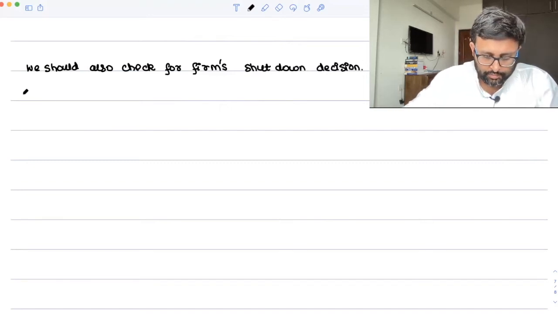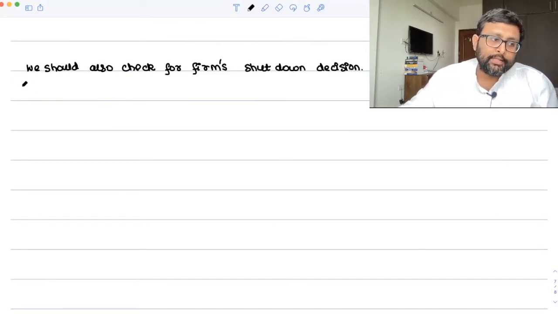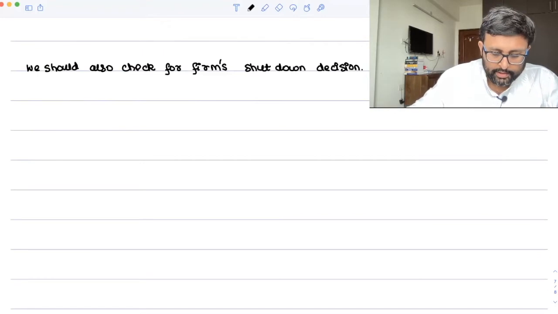The shutdown decision is: is there a price at which the firm would be willing to supply just Q equals 0 instead of a positive Q? That's a question. Is there a price?